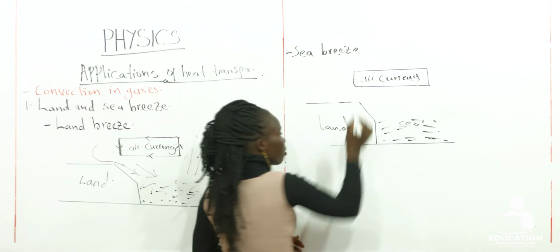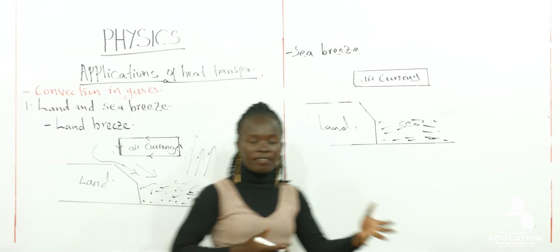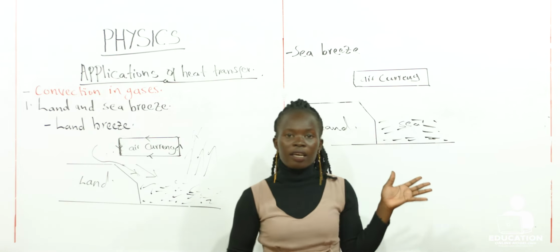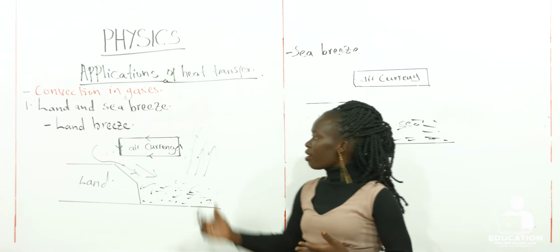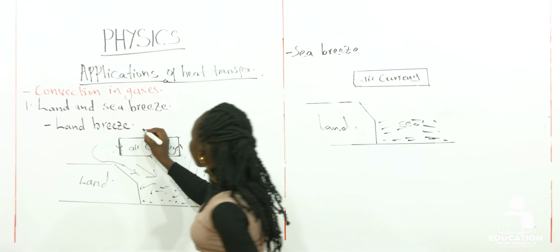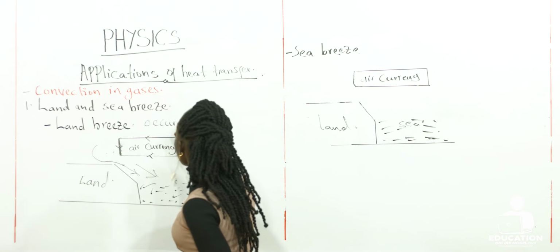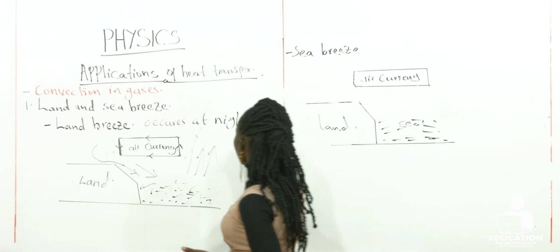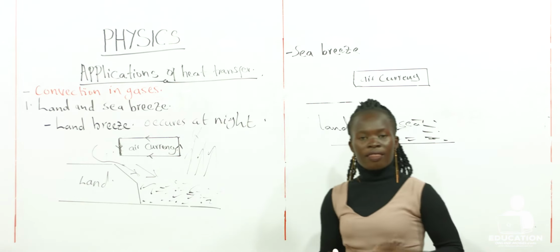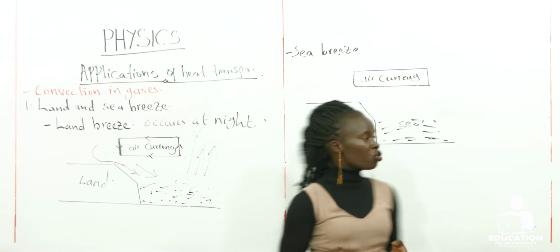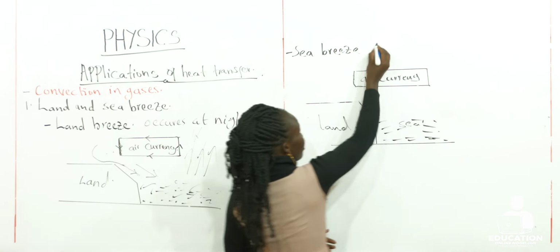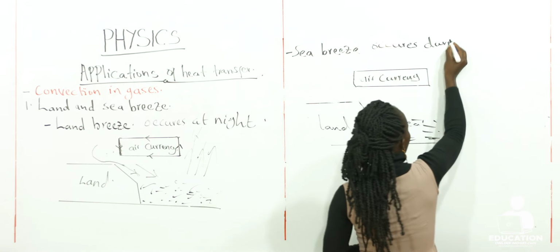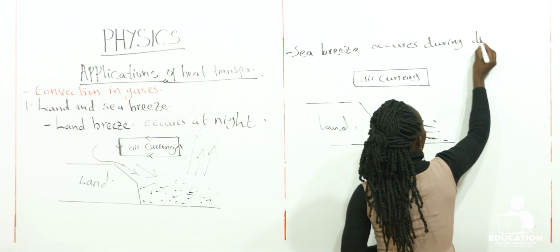So this is how the movement of this air from the sea to the land, or from the land to the sea, will be looking like. So if we say that a land breeze normally occurs at night, what of the sea breeze? The sea breeze occurs during the day.